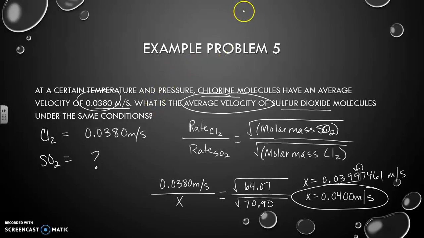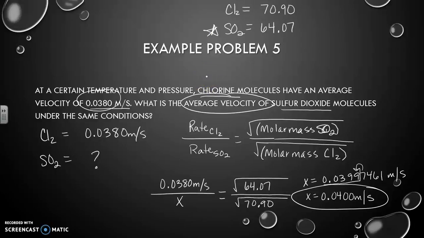Does that make sense? Let's look at them, chlorine and sulfur dioxide, in a quick comparison. Chlorine molecules have a molar mass of 70.90 grams per mole, and sulfur dioxide has a molar mass of 64.07. Just looking at those two, which one should go faster? The sulfur dioxide, because it's lighter.